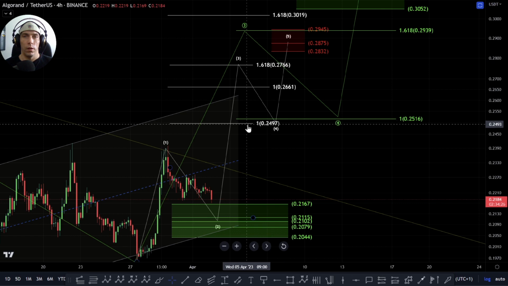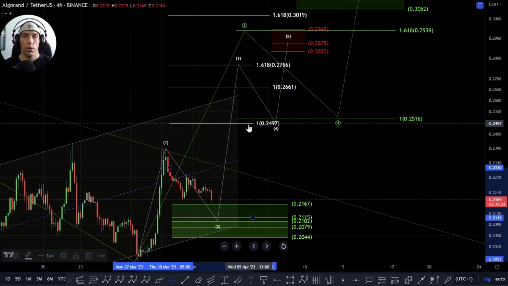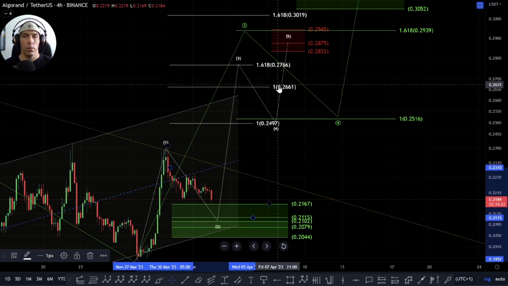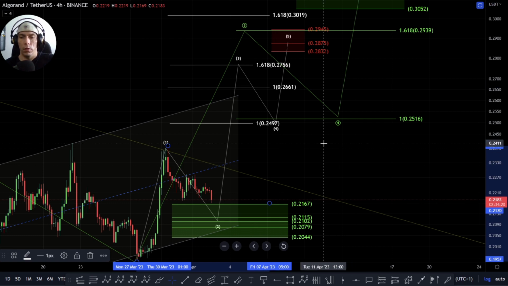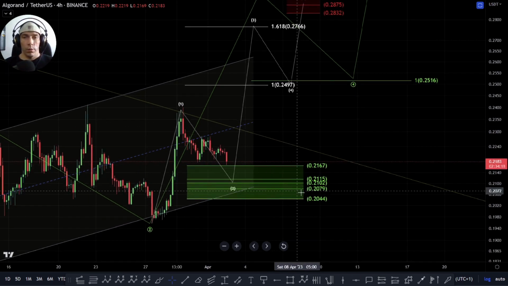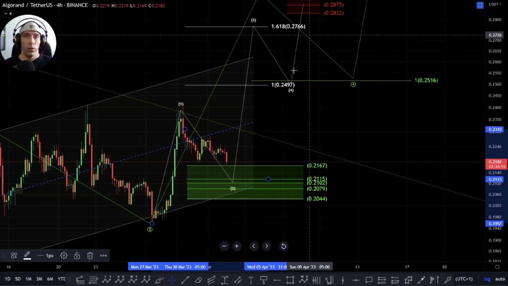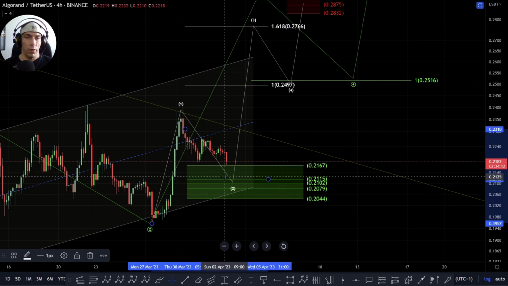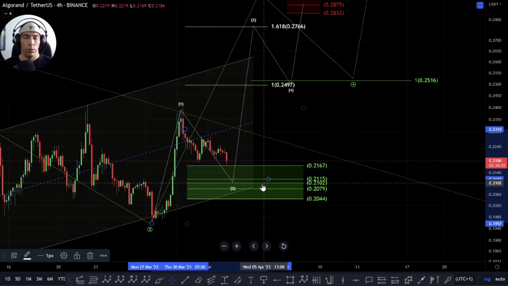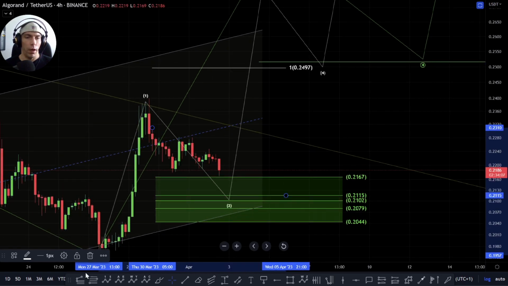Basically within this move, what we were looking for is a push up towards this 2766, but that would be based off of a move back down deeper here towards this 0.618 area.